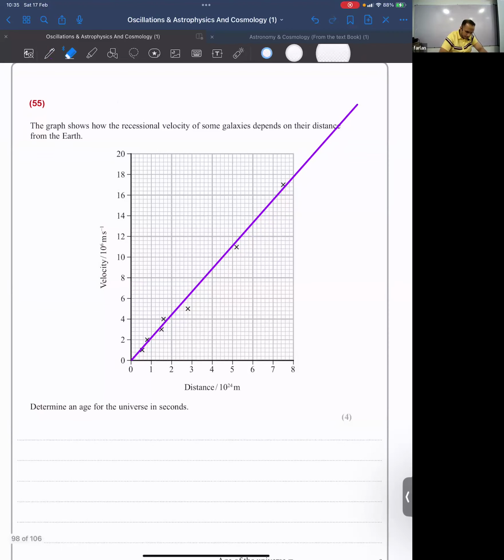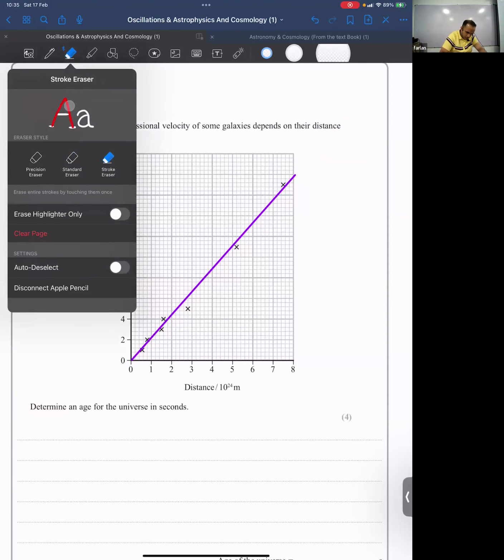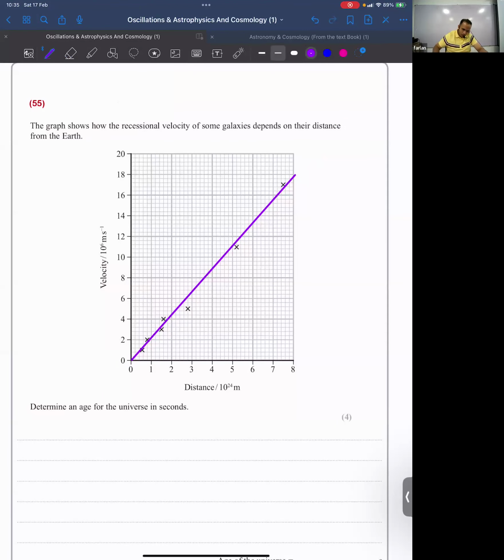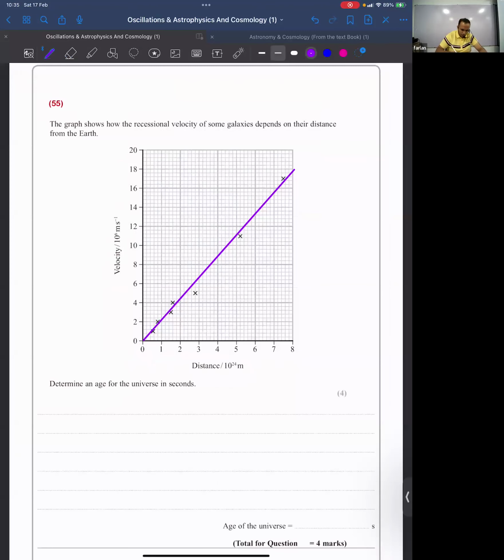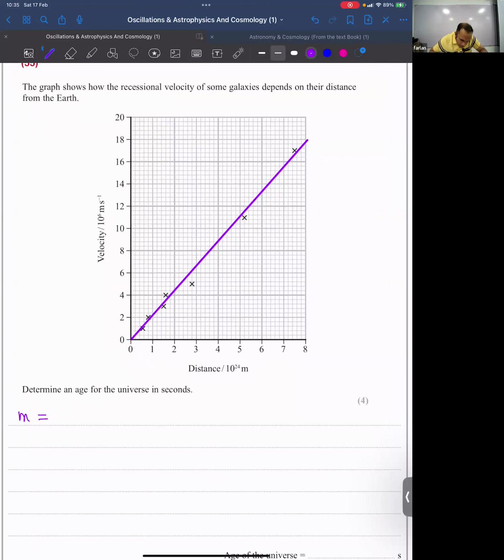Okay. Now, so the gradient will be, according to me, you stick to your values, please. Don't follow my values. Gradient will be, I will take, you stick to your values.